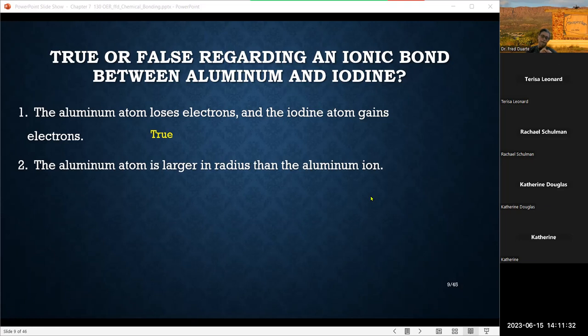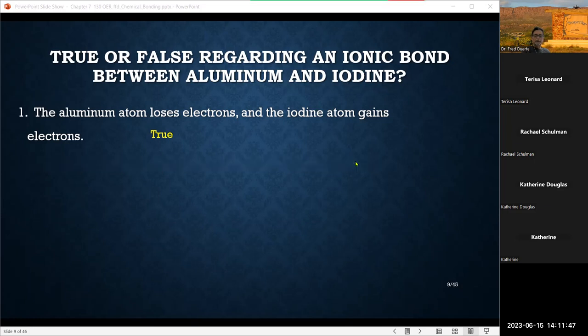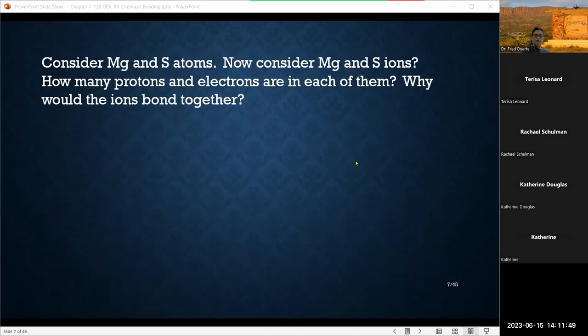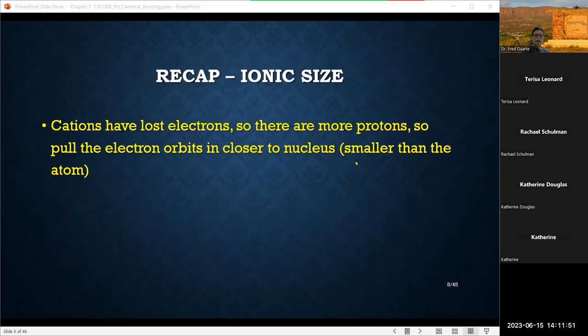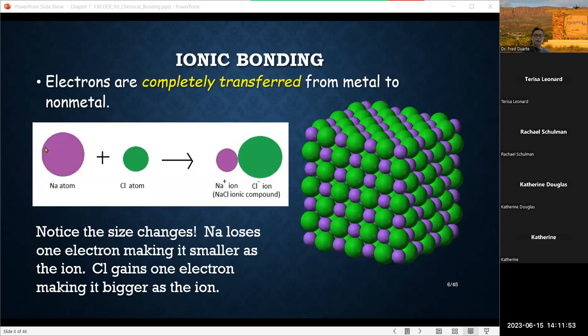What do you think? False. False, you sure? No. Refresh your memory on where do you go? Right here. Look what happened to the sodium. Oh, yeah.